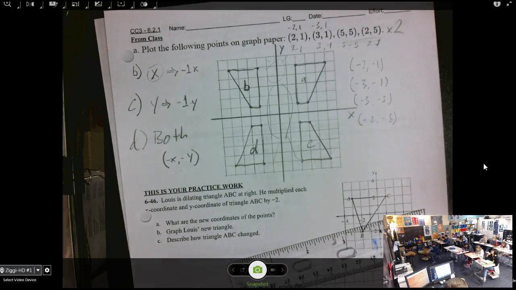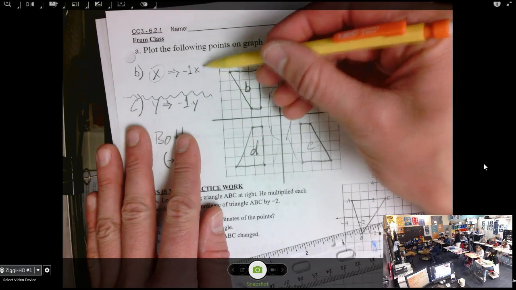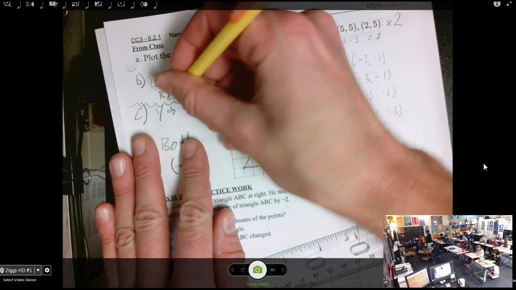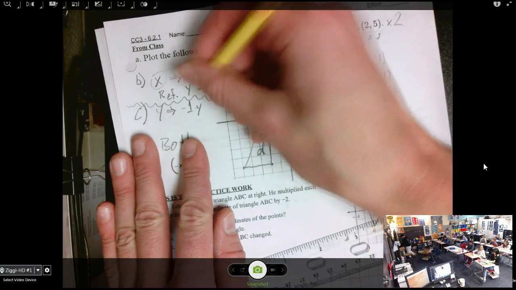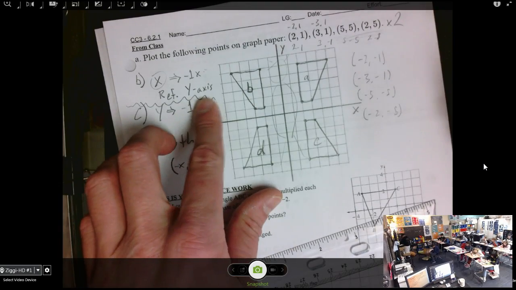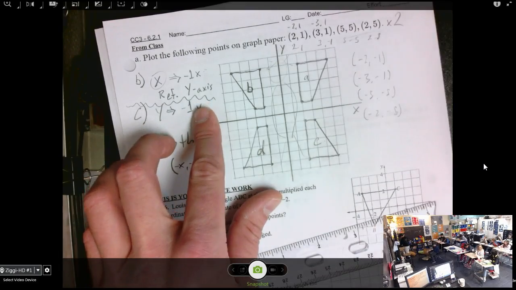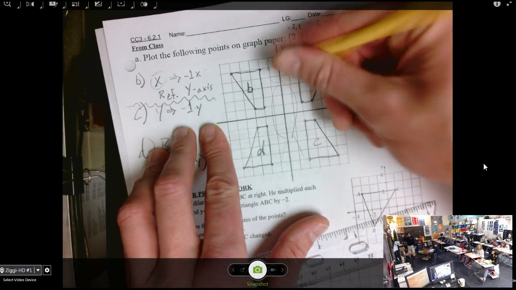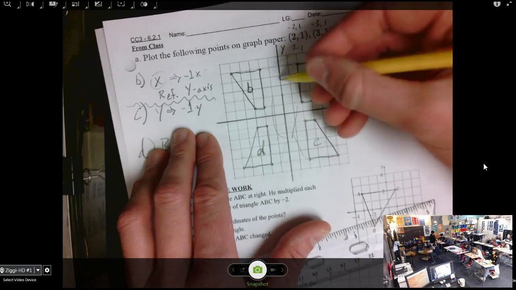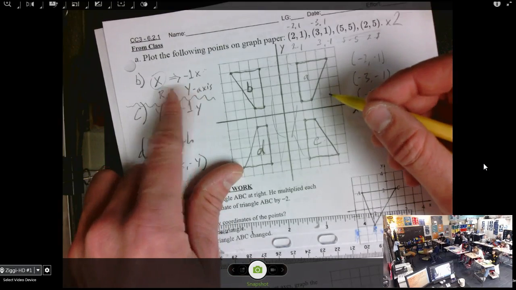So, for B, if the x's become the opposite, that's a reflection, and you should jot these notes somewhere, of the y-axis. Notice that when we reflect across the y-axis, the y actually stays the same. And the x becomes the opposite.